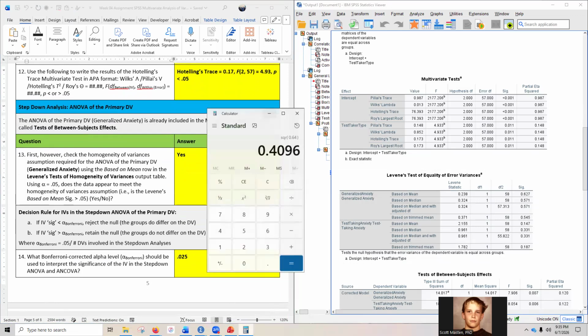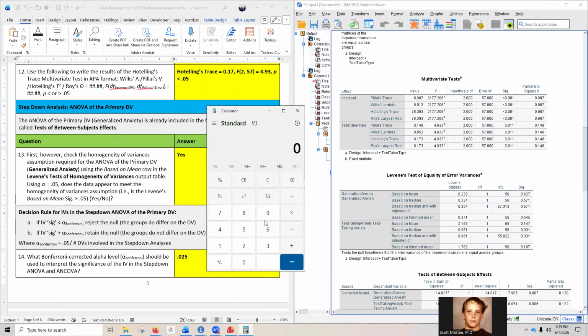So going back to our handy dandy calculator, we want to maintain an alpha level of 0.05. We have two dependent variables that we're going to be doing separate tests on. So divided by 2, you get a new corrected alpha level of 0.025. So each test we evaluate at 0.025 instead of 0.05. That makes sense. So that is our Bonferroni corrected alpha level.